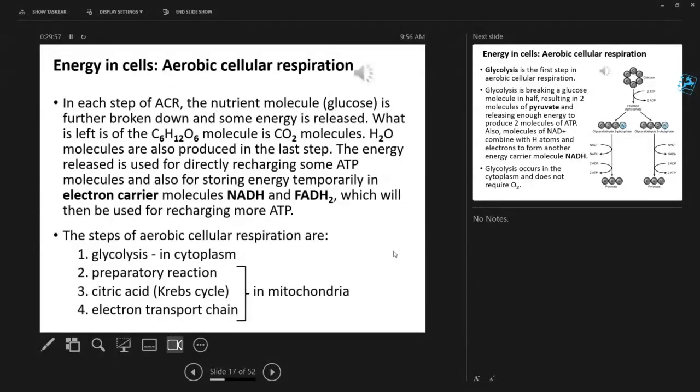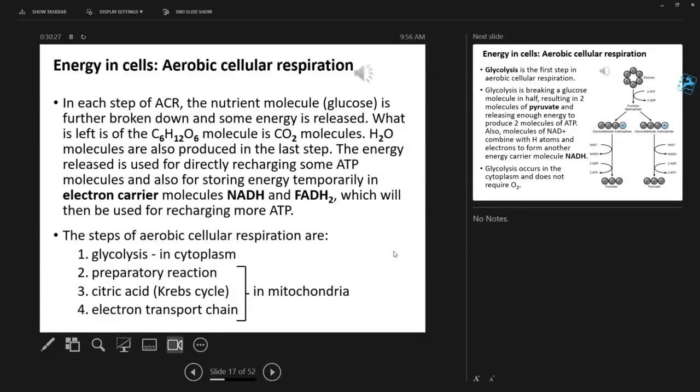So what's happening in these steps is taking that original glucose molecule and breaking it apart little by little. It's not just broken apart all at once, with all the energy coming out and being used to recharge ATP. First that glucose molecule is broken in half in glycolysis. The energy released is used to recharge some ATP, but it also recharges some of this stuff.